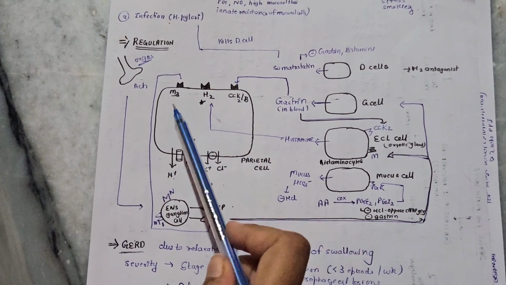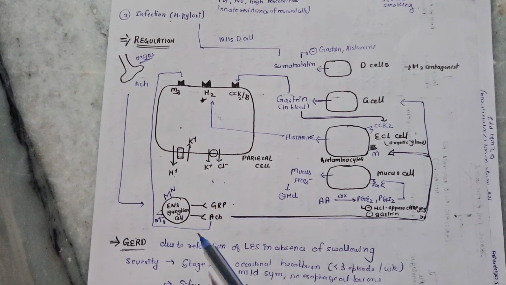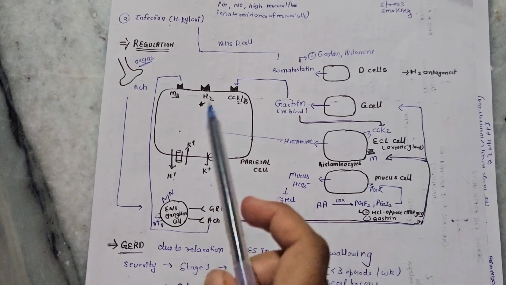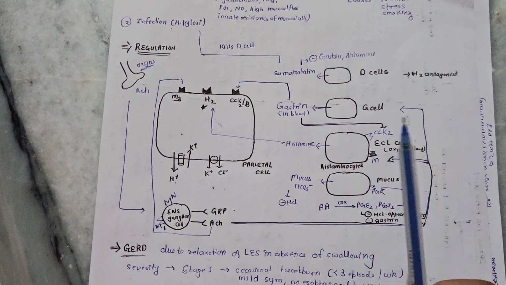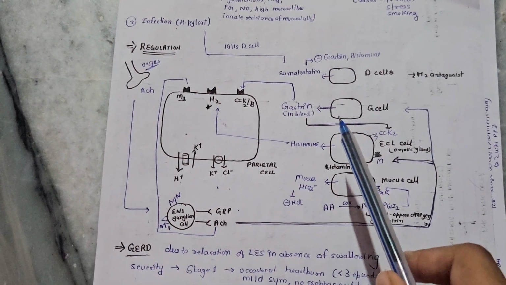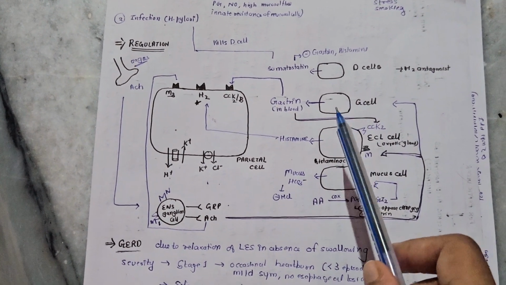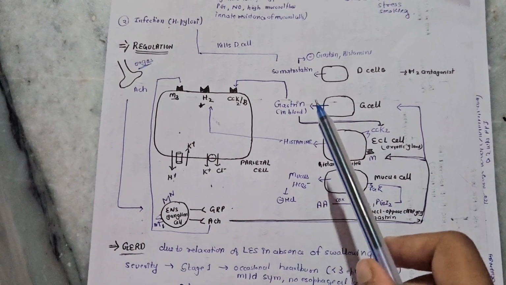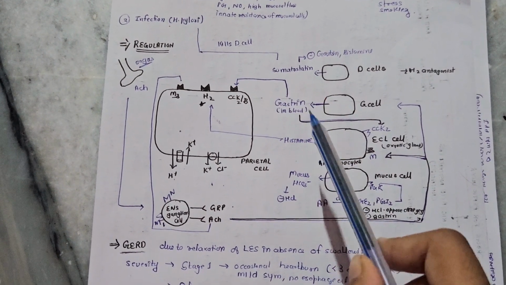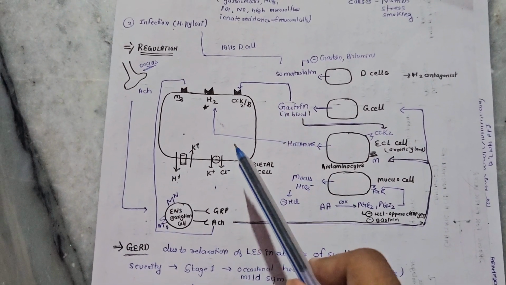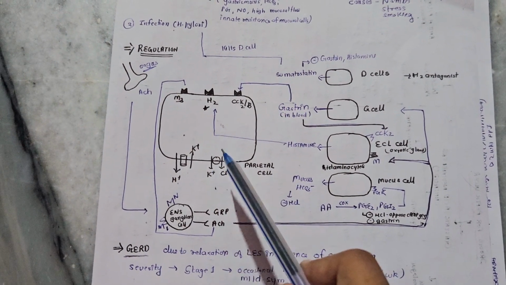Now let's see how these three receptors are activated. Firstly, there is a G cell located in the antrum which secretes gastrin into the bloodstream, and from the bloodstream gastrin reaches the parietal cells. It is not directly secreted.